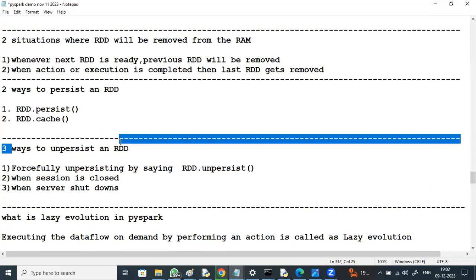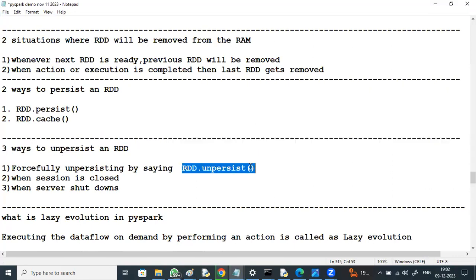There are 3 ways to unpersist. Directly RDD.unpersist. RDD.unpersist happens immediately. Whenever you say RDD.unpersist, the RDD immediately gets removed from the RAM. I got 2 queries here. RDD.unpersist means it immediately gets unpersisted, but RDD.persist won't happen immediately. Why?